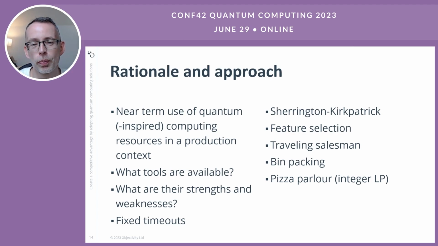So to assess how well an annealer behaves, because in practice, many optimization problems actually involve integer variables, not just binary variables, we formulated a simple integer linear programming problem, which is, I've got a pile of pizza ingredients.